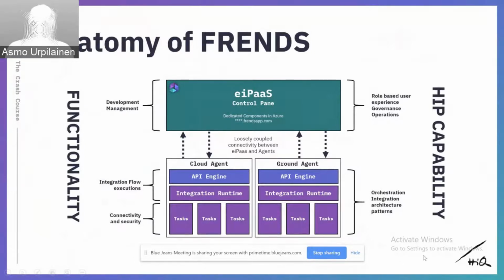So if we create an update or create a new solution, the agent is able to download that from the centralized control plane that we're offering for the user. This would pretty much be the standard technology stack and architecture that we're dealing with within Frends.